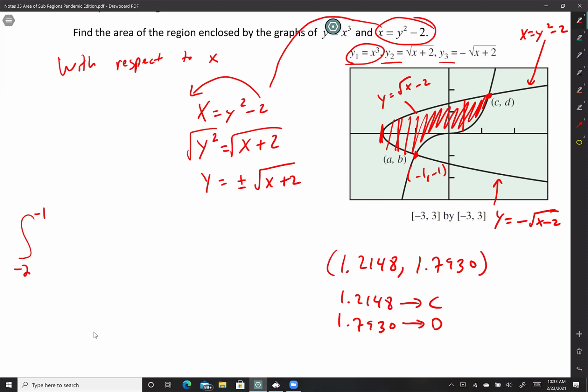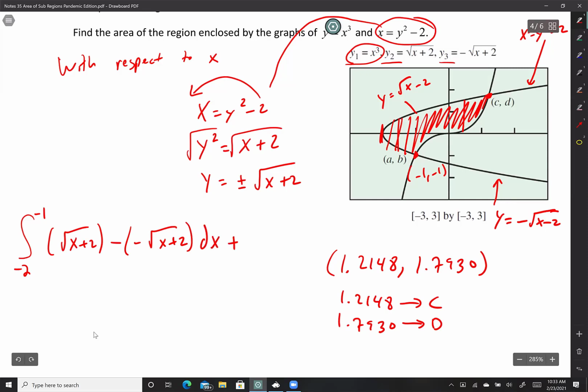And the top curve is the square root curve, square root x plus 2, but the positive one, minus the bottom curve, which is a negative square root curve, dx, plus integral from -1 to the letter C. The top curve is the square root curve, square root of x plus 2. And the bottom curve is the x cubed.